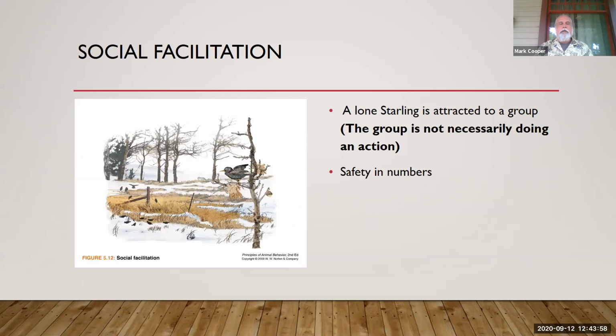The next one is a little bit more difficult, and that's social facilitation. And this time what we're doing is an individual is drawn to a group or another individual, and there may be no action. It just may be, hey, I'm going to be next to you. And that, we think, is due to safety in numbers. You're not showing me anything.